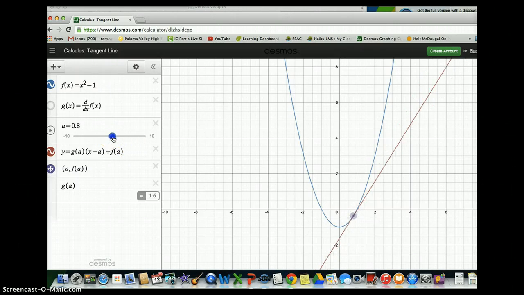We did 2, so I'm going to go to x is 2, or a is 2. And you'll notice the slope of this line, now you can count it, but I already put it over here on the side, it's 4. And if I want to go to negative 1, let's see if it'll let me go negative, yeah, I will get the slope to be negative 2. Now think about that general slope equation that we have for this, which is 2x, and put in negative 1 for x, and you will get the slope right here, negative 2.